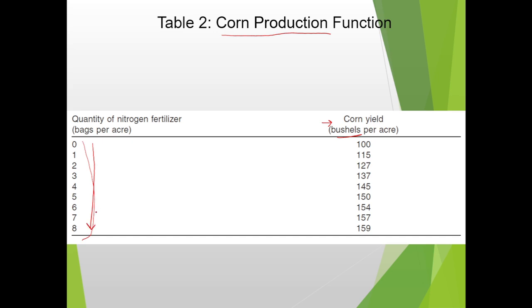So we are using more and more nitrogen fertilizer. And as the nitrogen fertilizer is increasing, the corn yield is also increasing, right? And it makes sense, because if nitrogen fertilizer is very essential for growing corn, then obviously the more nitrogen fertilizer you use, the more corn yield there will be. So that makes a lot of sense.